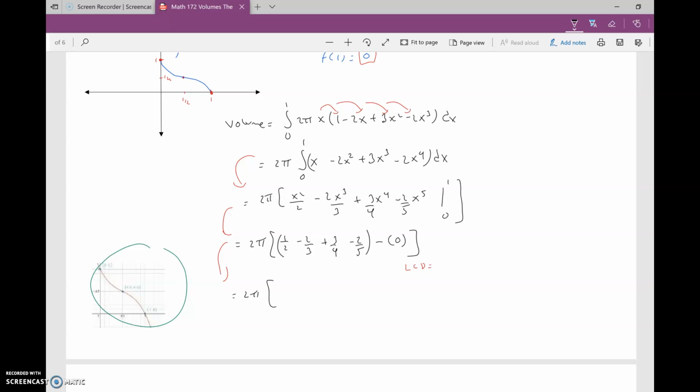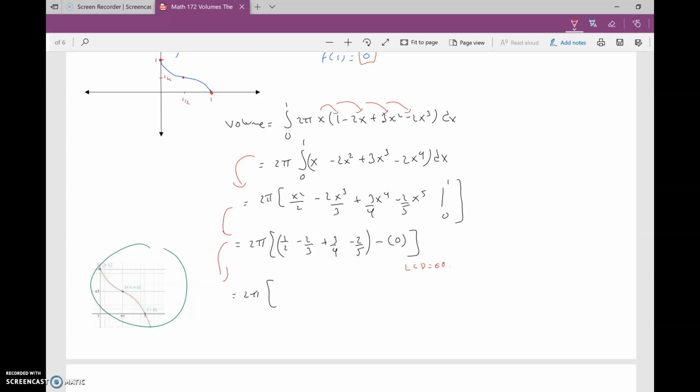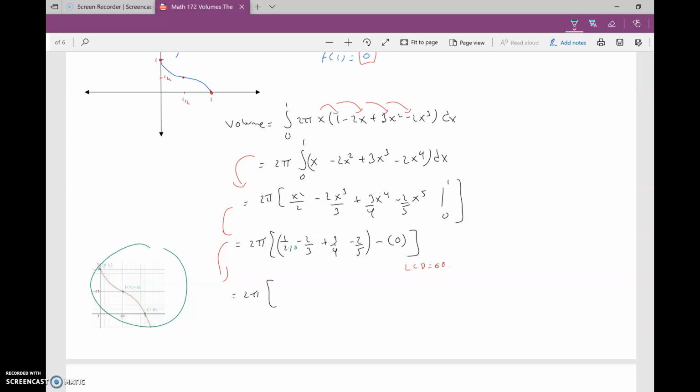Okay, so our LCD, it's going to be 60. So the first one multiplied times 30, the second one multiplied times 20, third one multiplied times 15, and the last one times 12.